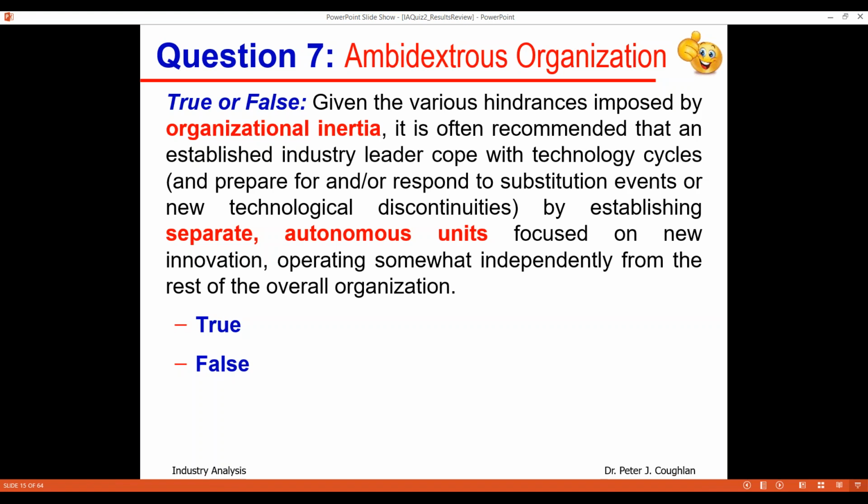This is the entire point of the ambidextrous organization. You have the reading called Ambidextrous Organizations. The idea is to have separate autonomous units because exploration and exploitation cannot always be housed under the exact same roof. You've got to have some separation of those operations. So this answer is, of course, true. It's the entire point of that reading.